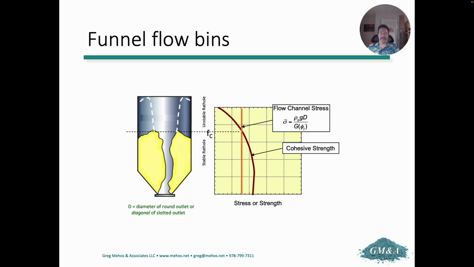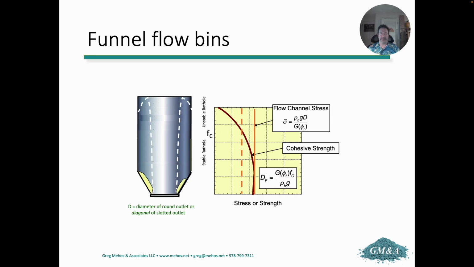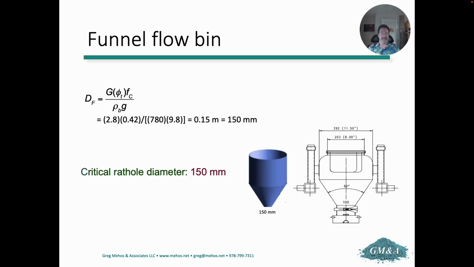But further down, we have the opposite. The strength is greater than the rat hole stress. The stress on the rat hole is not as great as the cohesive strength. So down there, the rat hole will remain stable. So how do we make sure that the rat hole is unstable everywhere so everything empties? Well, sometimes we need to have a really large outlet size. So in this case, we can do a similar calculation, and we will calculate what we call the critical rat hole diameter.